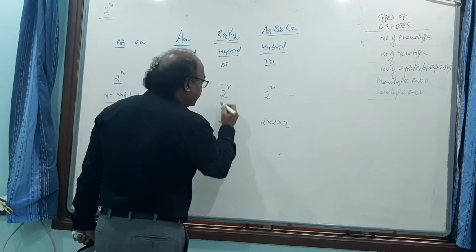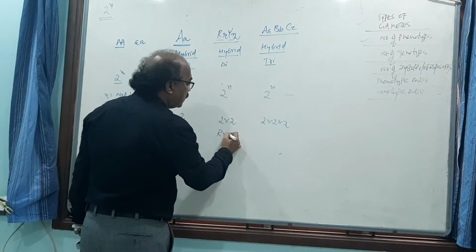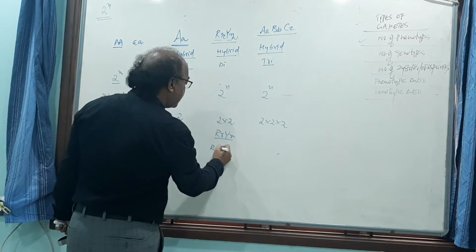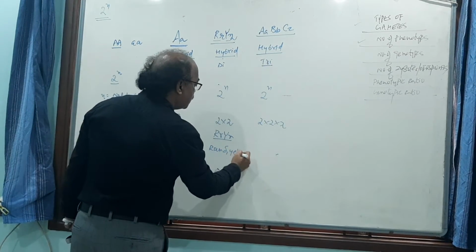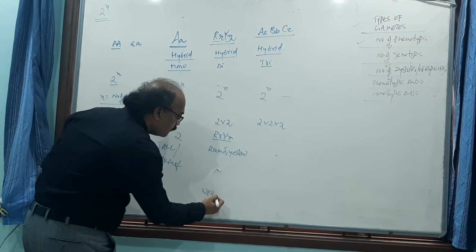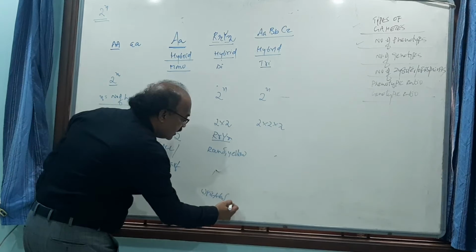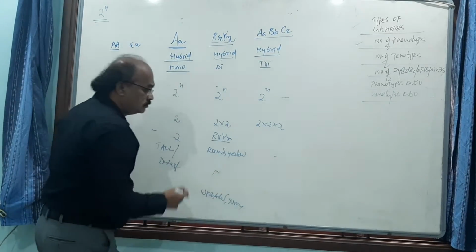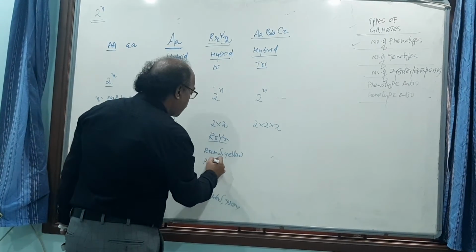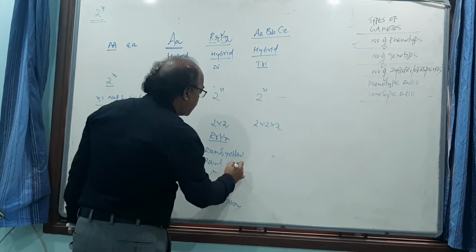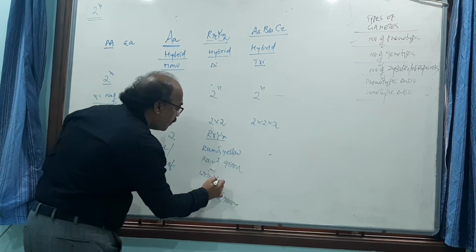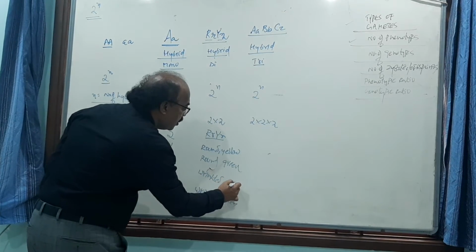In the dihybrid cross, you are getting round yellow, wrinkled green. They are the parents. Round green, wrinkled yellow.